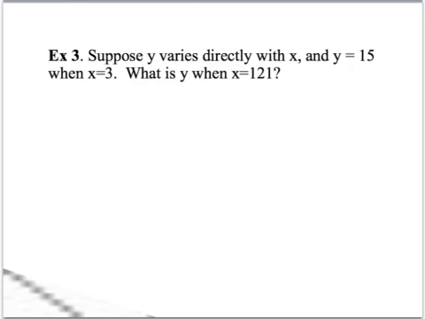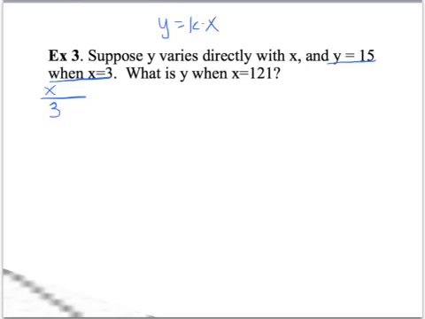Okay, problem number 3 puts a little twist on it. Again, we know that y is going to vary directly with x. So they're going to be in the form y equals k times x. But this time we say y is 15 when x is 3. What is y when x is 121? Well, because they vary directly, think about that chart.